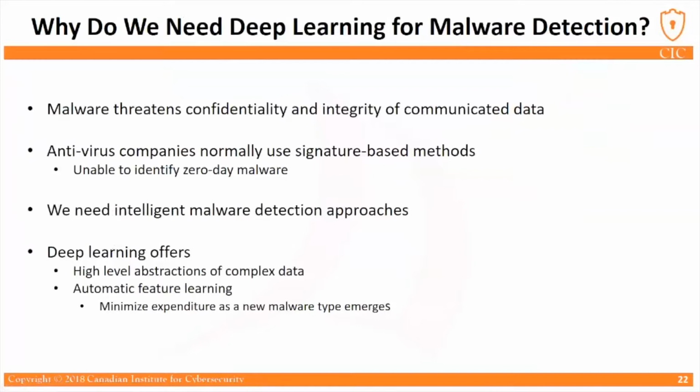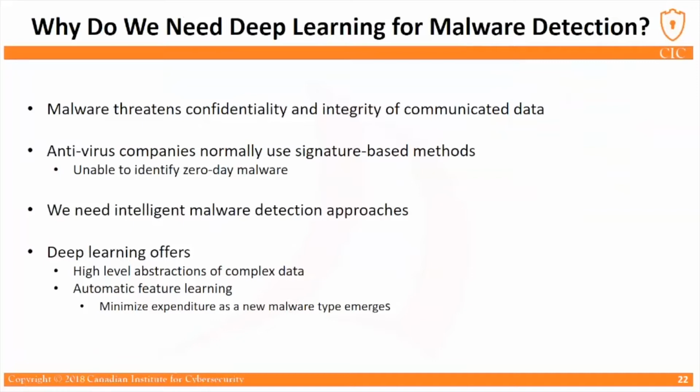But why do we need deep learning for malware detection? As we all know, malware threatens the confidentiality and integrity of the data communicated over the internet. We know that we already have a lot of antivirus companies like McAfee, but most of them normally use signature-based methods. The disadvantage of these signature methods is that they are unable to identify zero-day malware, which is mostly obfuscated or repackaged.